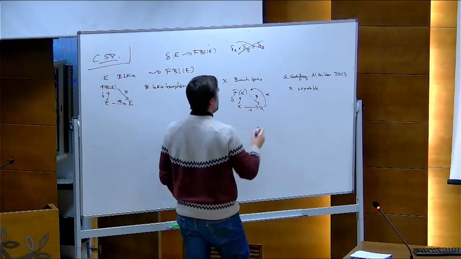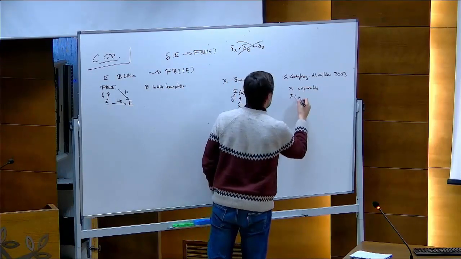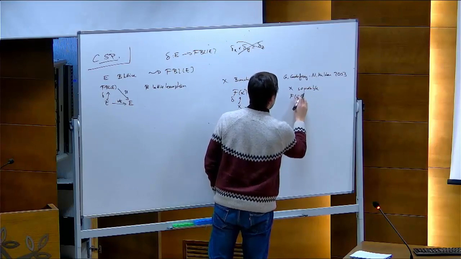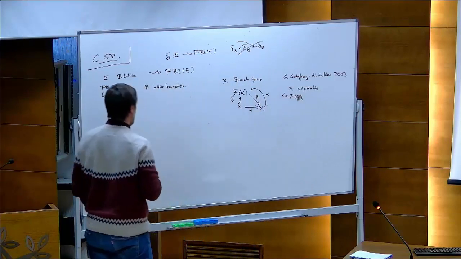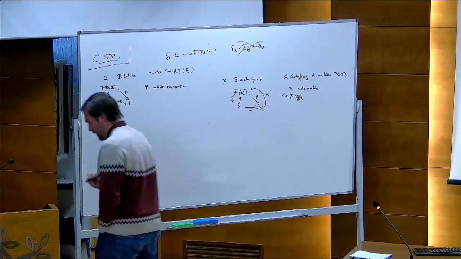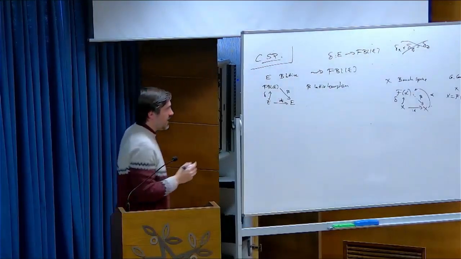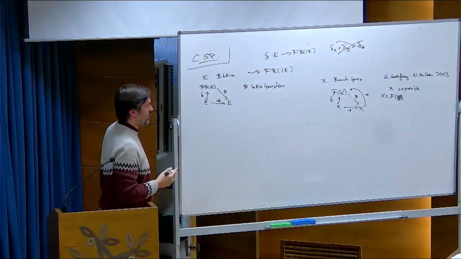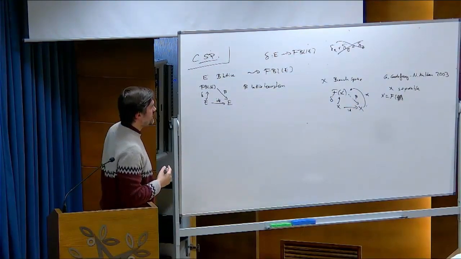There are several other cases: if X is of the form F of Y for some Y, you have this linear lifting, and actually this has several important consequences for the nonlinear geometry of Banach spaces.